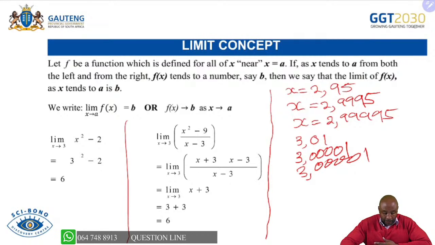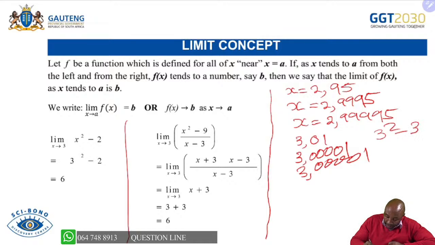If I use the last part that I did, where I said we stop writing the term limit and we substitute the x value into the function, you will realize that if I substitute on that function, I will end up having 3 squared minus 9, over 3 minus 3.